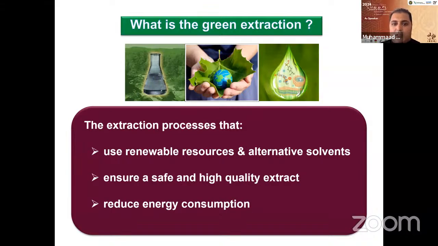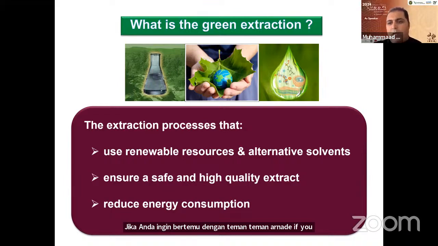So what is green extraction? Green extraction is the process or combination of processes in which we use renewable resources and alternative solvents. What does it mean? Renewable resource means, for example, that if you use the complete plant, or a part of the plant that harms it, like the root, then once you collect the root the plant will disappear from the planet.